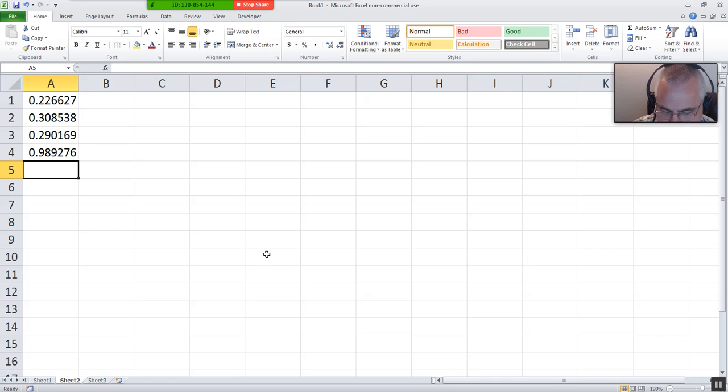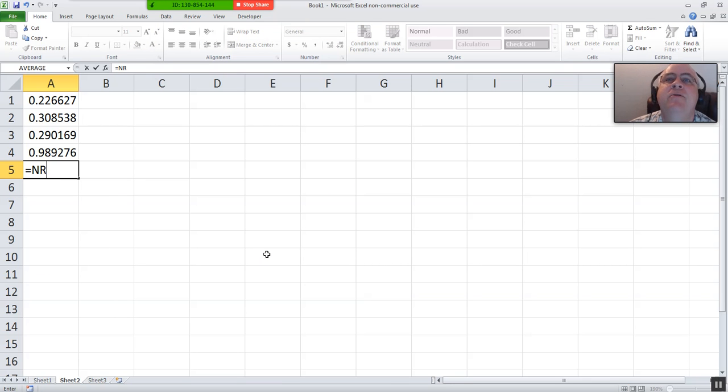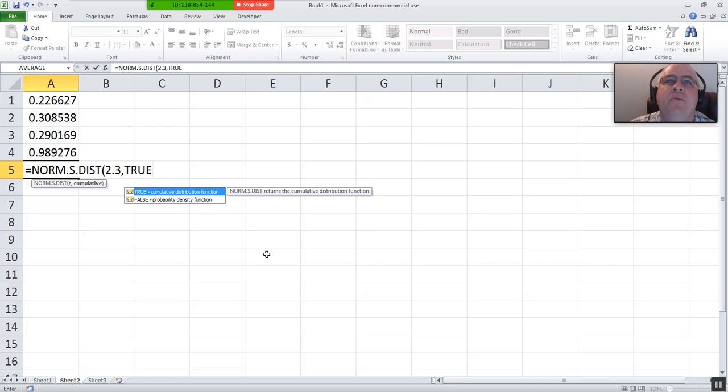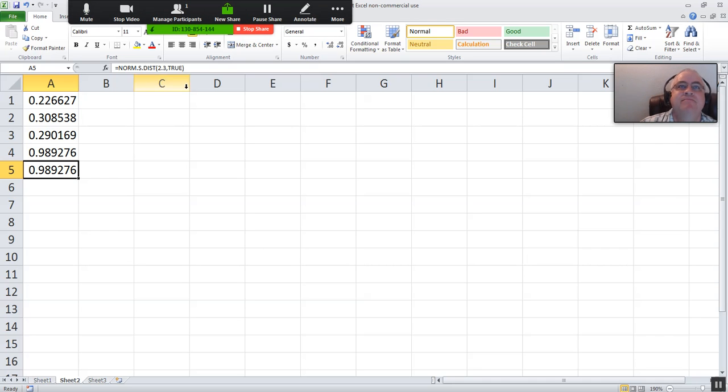Now there's also a NORM.S.DIST. That's right here. And then it asks me for z, which I could put in 2.3 and then true for cumulative. And it gives me the same value. So it puts in the 0 for the mean and standard deviation for you.